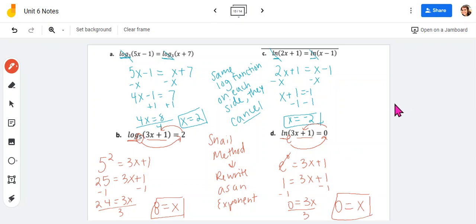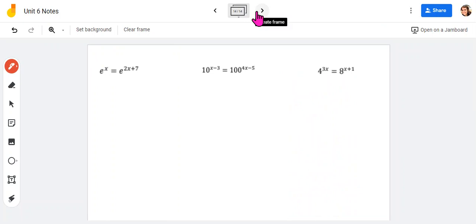So these are the different types of equations we might encounter that have log functions. We also might have equations that don't have logs, but they have exponents. And instead of exponents being numbers like we're used to, we can see in all of these that the exponents have variables.